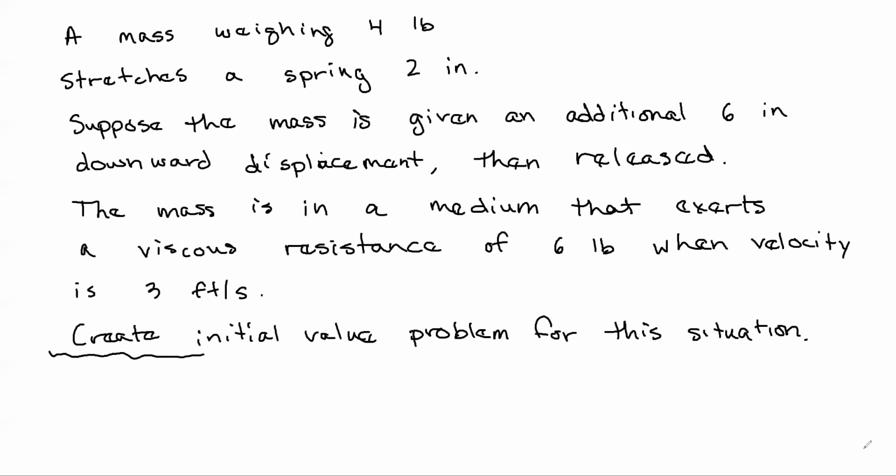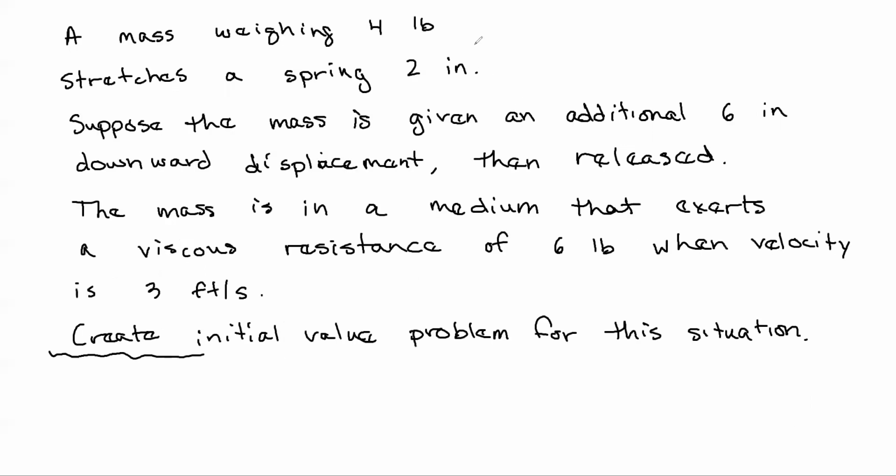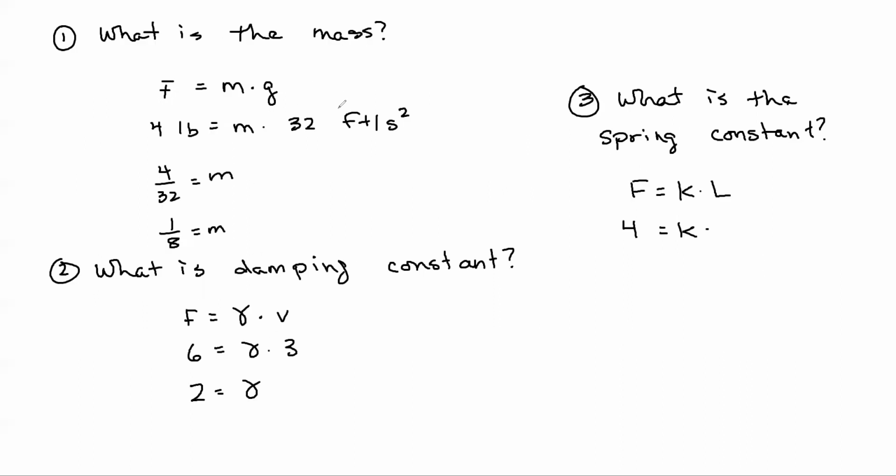So the 4 pounds is the weight. That's the amount of pull, the force being attached to the spring. And that's going to equal the spring constant, which we're trying to find, times the elongation. So how much elongation did we get? It elongated the spring by 2 inches. You want to be consistent here since we used feet per second squared, and we also used feet per second.